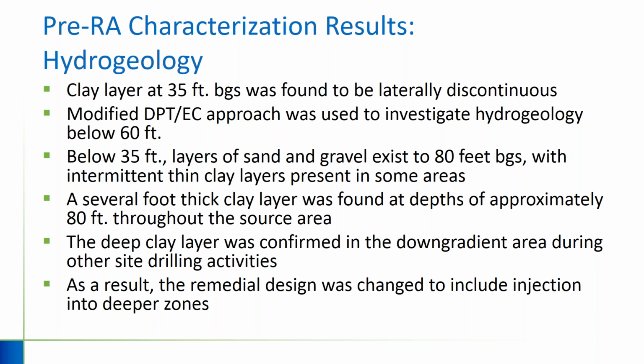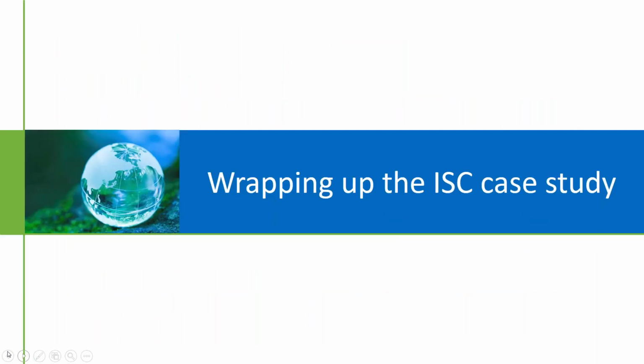So we had to modify the remedy to have smaller nested injection wells, and then we put monitoring wells throughout and whatnot. But again, the whole point of this was we took the initial CSM, we identified some data gaps, and we realized we needed to confirm what it was telling us. And it turned out that the site really was a lot different than what the initial CSM said.